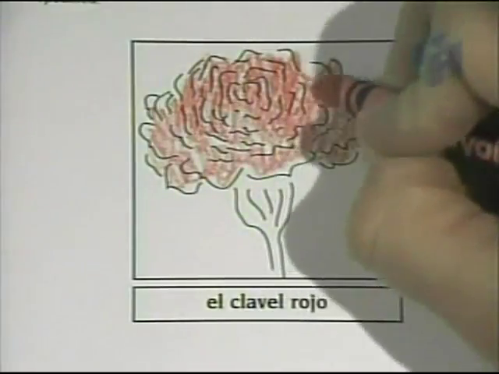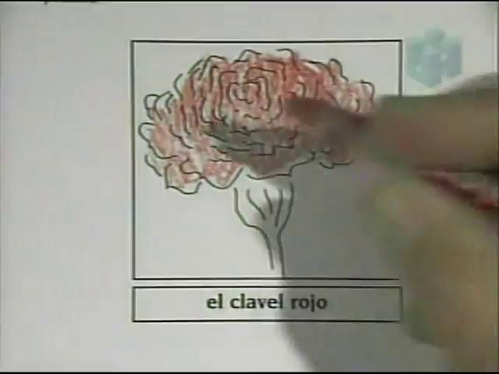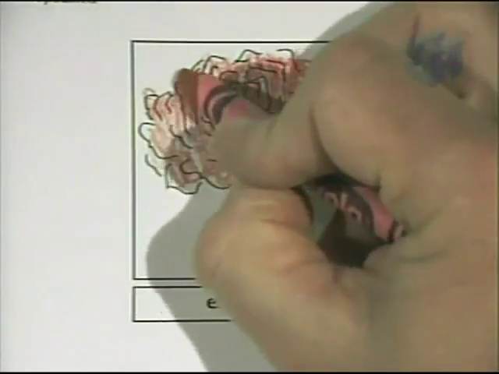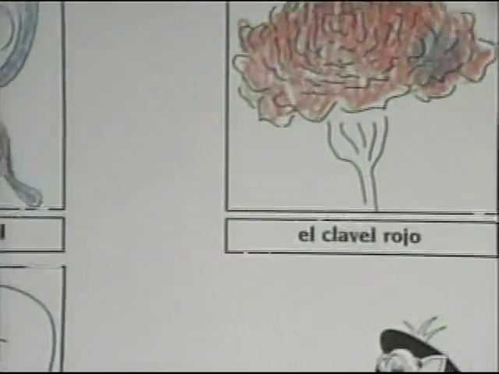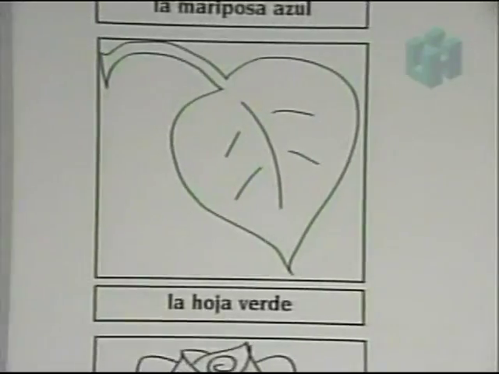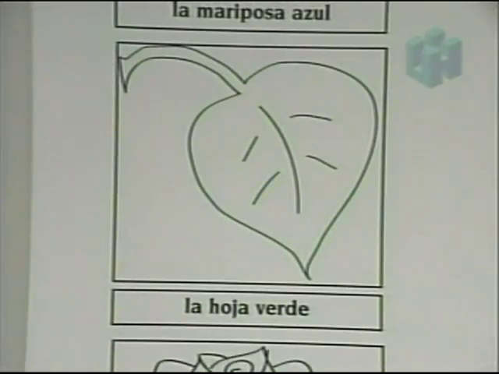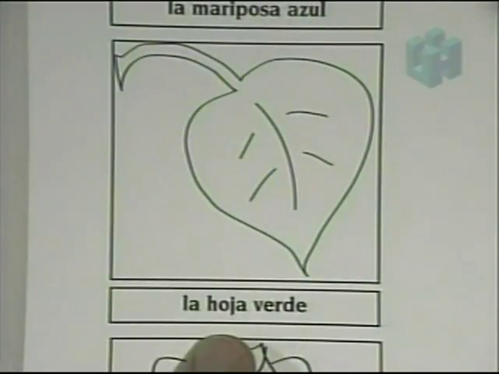Boy, I like to color. I hope you guys do too. One of the things I enjoy doing. Okay, let's look at the next one. Clavel rojo. La hoja verde. Red is rojo. Green is verde. So here we go. La hoja verde.